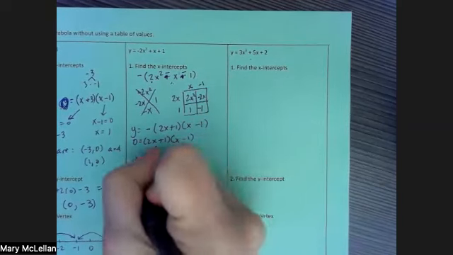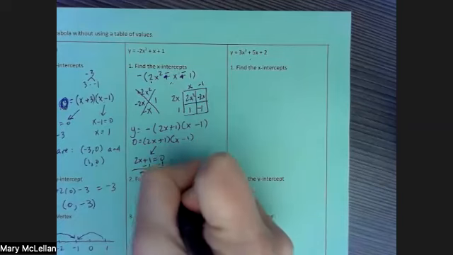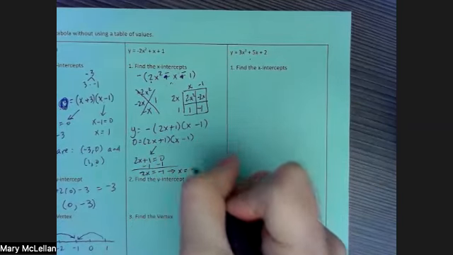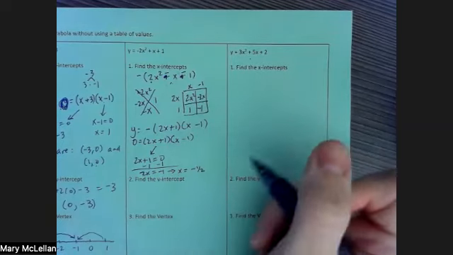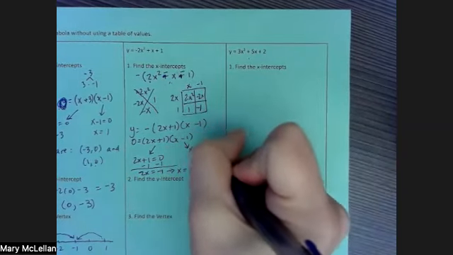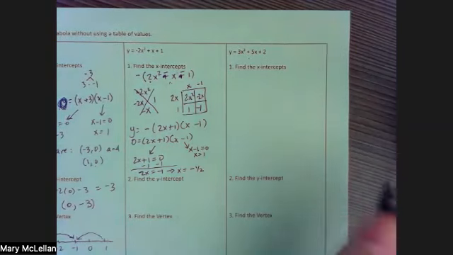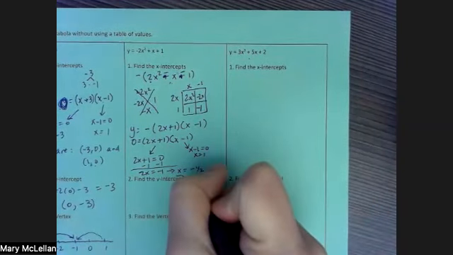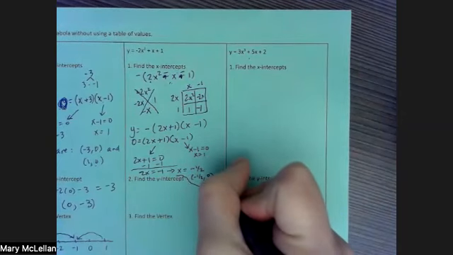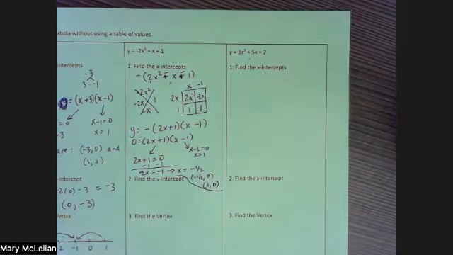Subtract 1 from both sides. I get 2x equals -1. So x is -1/2. And from this one, I have x minus 1 equals 0. So x is +1. And my x-intercepts are at (-1/2, 0) and (1, 0).